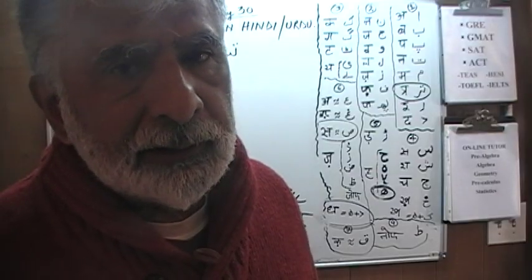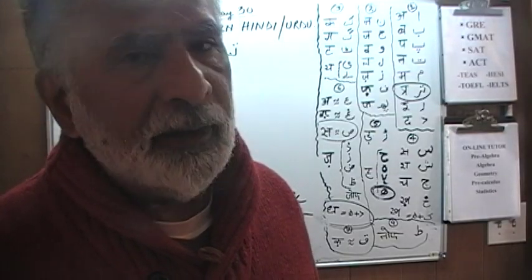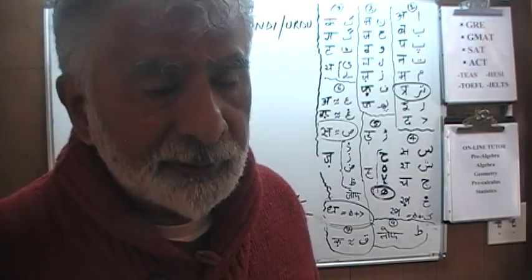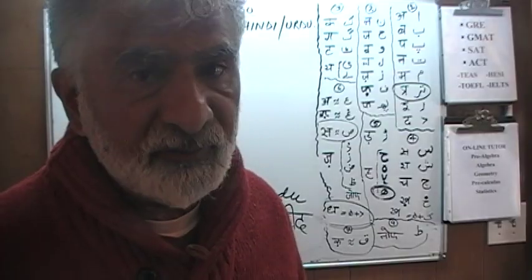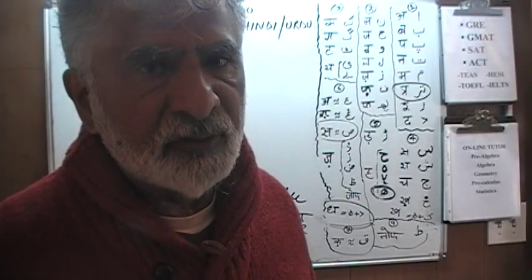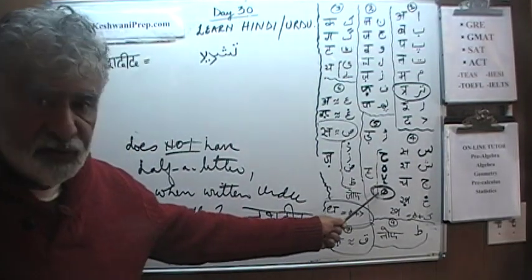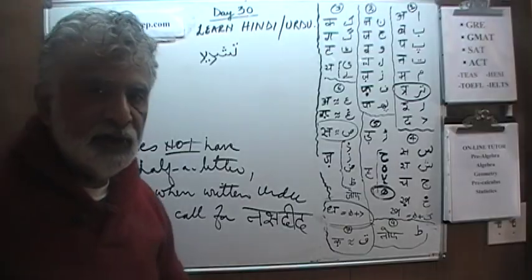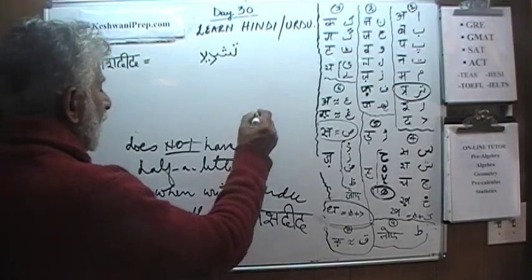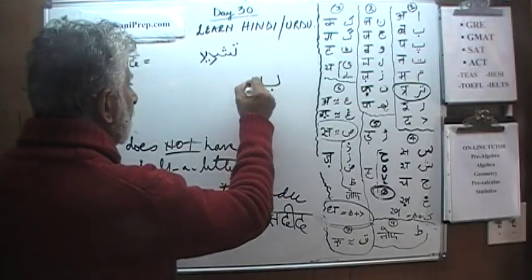There are 10 letters that exist in Hindi which do not exist in Urdu, and for these 10 letters, we covered 5 days. I believe it was day number 21 through 25, if my memory serves me right, where we did nothing but use this hai right here, do chashmi hai, to teach us how to convert ba into a Bh.